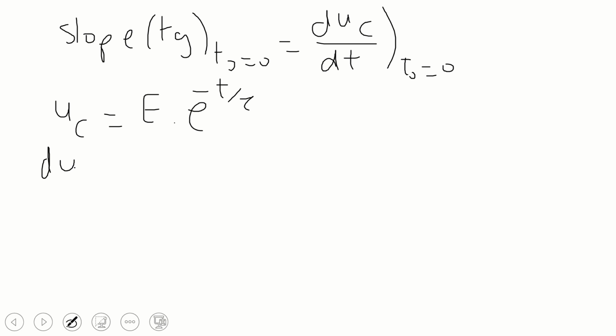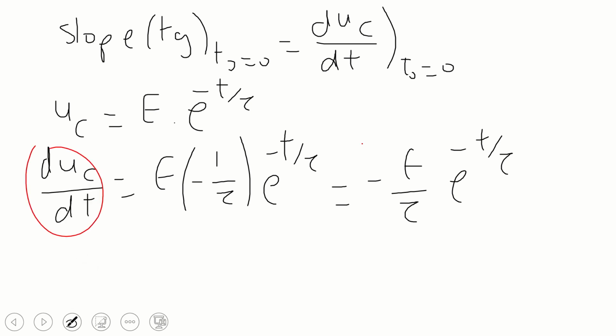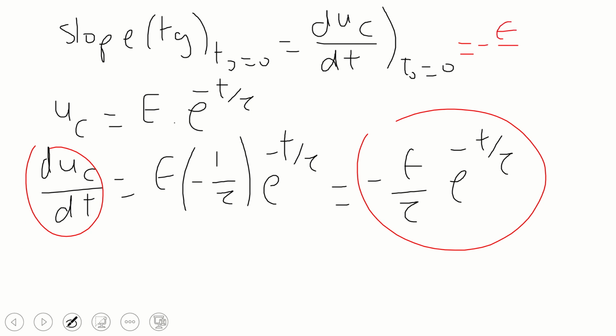So its derivative is E times minus 1 over tau exponential minus t over tau. It means minus E over tau exponential minus t over tau. So this derivative is replaced in the slope of the tangent, at the instant t0 equals 0.